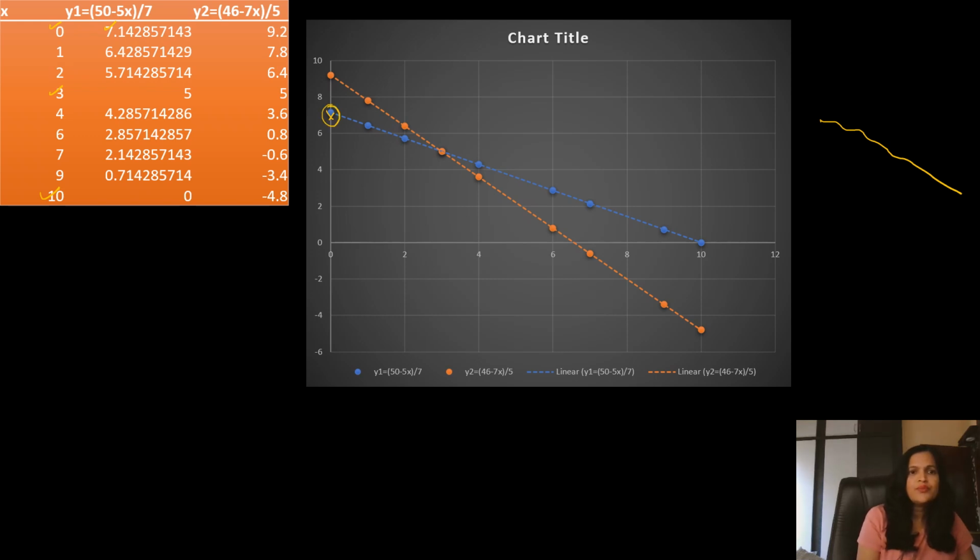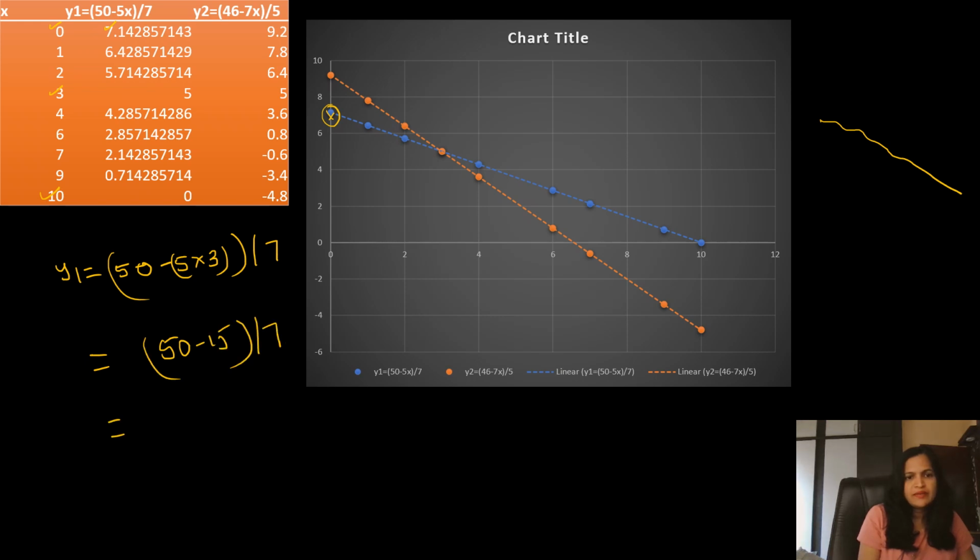Then when x equal to 3, y1 equal to (50 minus 5 into 3) whole divided by 7, equal to (50 minus 15) divided by 7, that is 35 by 7. 7 fives are 35.